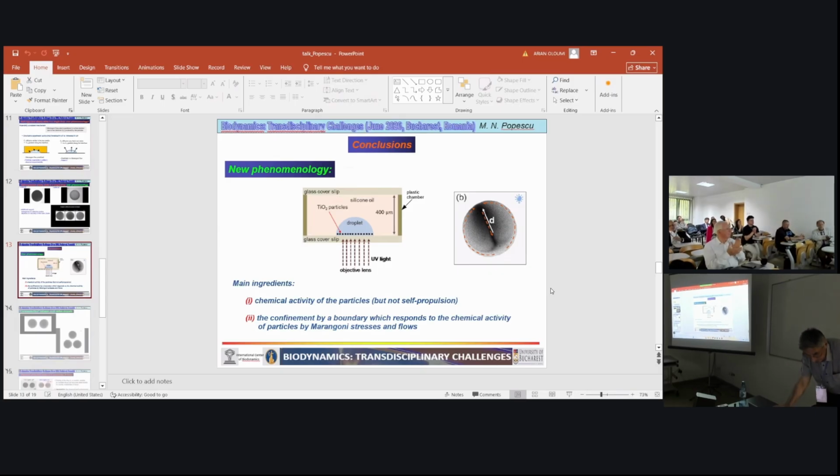Yes. So can you explain again what was causing the surface tension gradient? The fact that you release oxygen. Yeah. So there is the decomposition of the peroxide into water that's around and oxygen. Oxygen is rising and is hitting the interface. Okay.